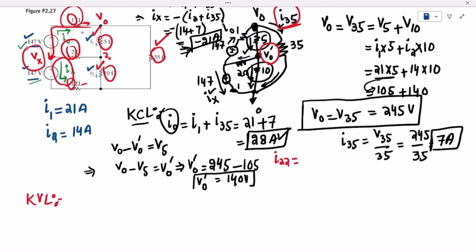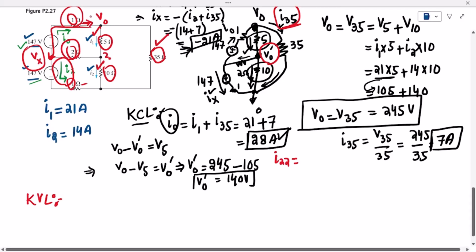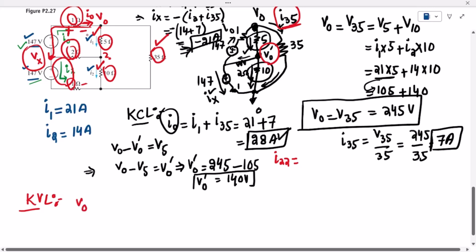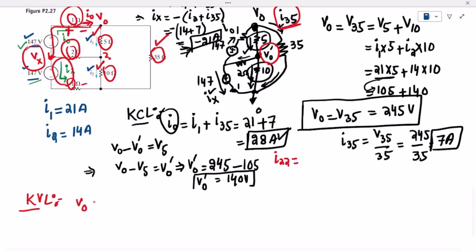The direction of the current which we had taken earlier, this was I0, and it was from this point to this point, so the actual polarity was plus minus. Applying KVL, we have V0 from this to this point, and the polarities of this V0 and this are the same. So it will be V0, minus V1, which has opposite polarity, minus 147, which is also opposite, and minus Vx, and this must be equal to 0.